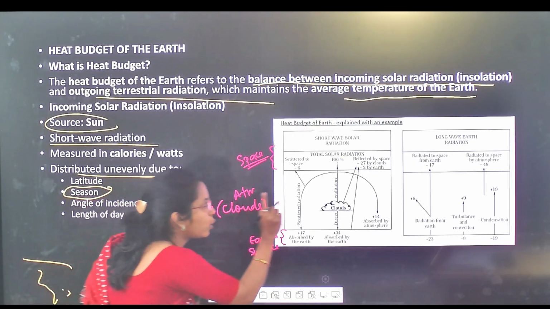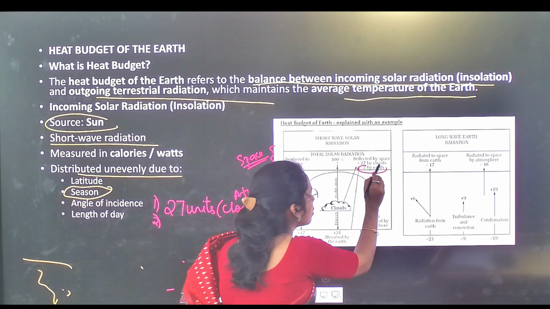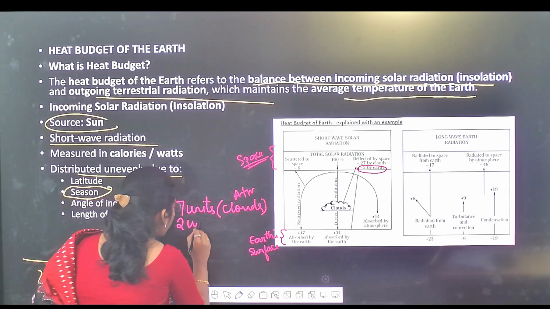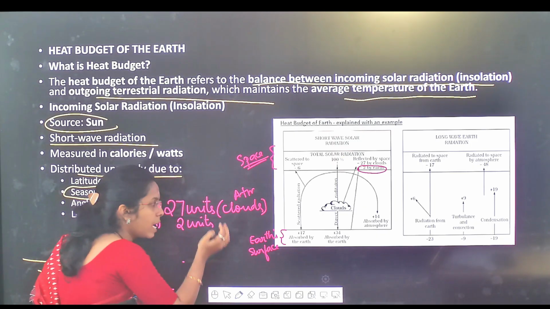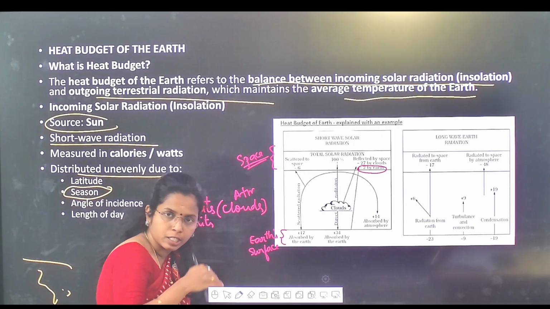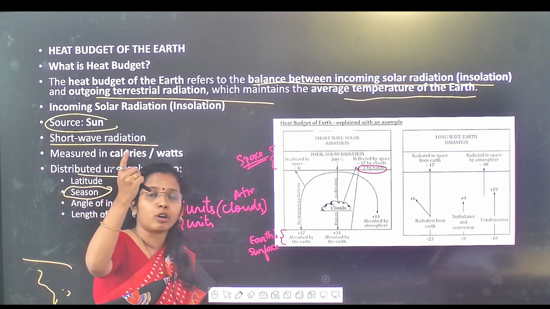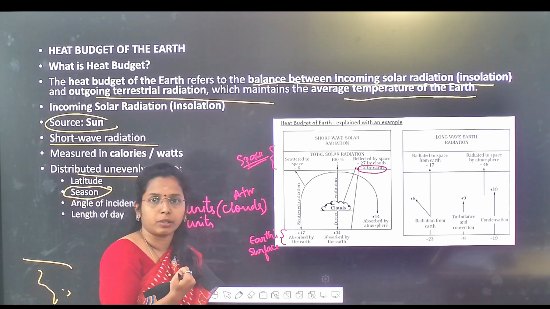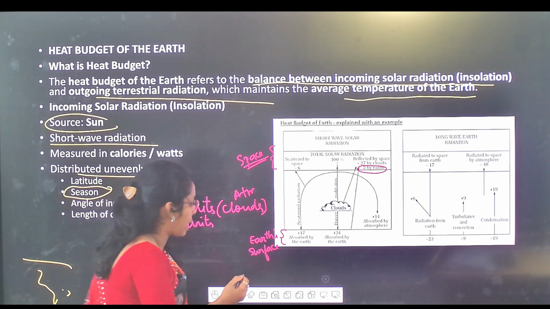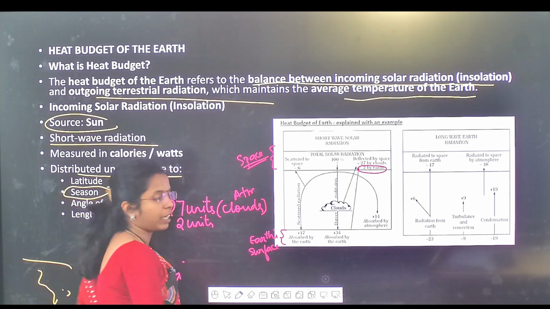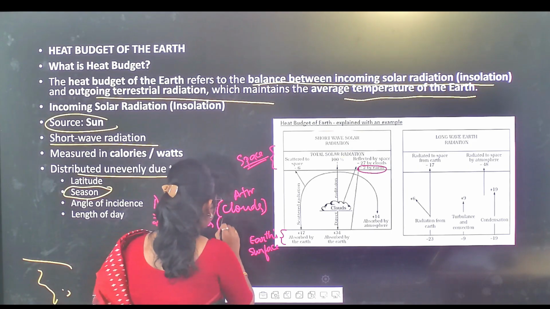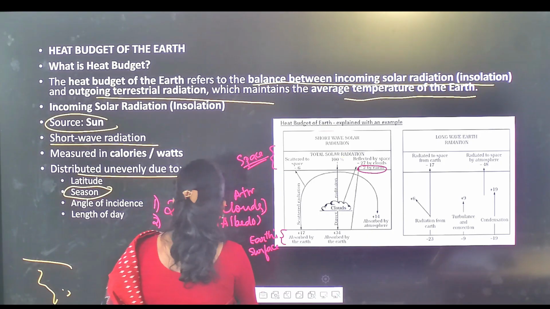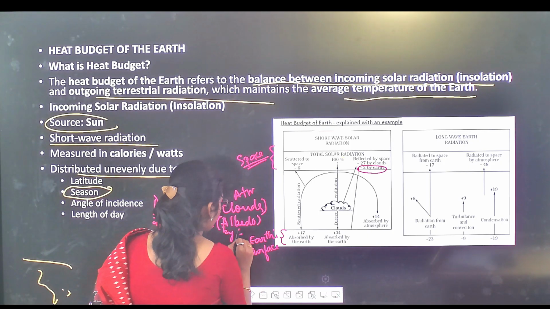Next, 2 units are reflected back by earth, meaning they still did not touch the surface. From the albedo effect, because of snow covered ice, they are not absorbed. As soon as they fall, they are reflected back because of the albedo effect. 2 units by earth.